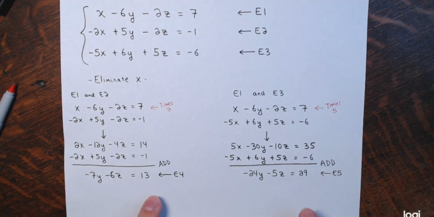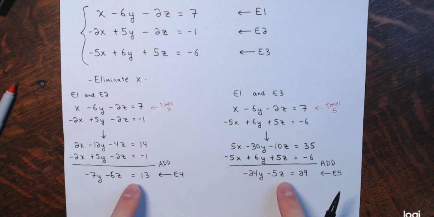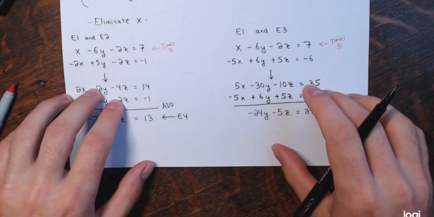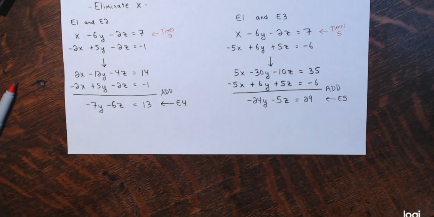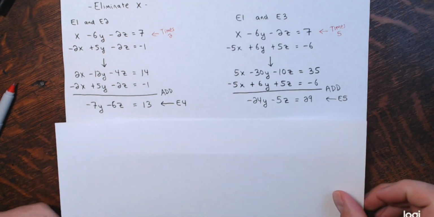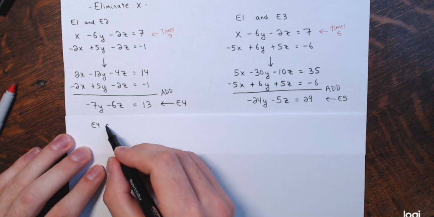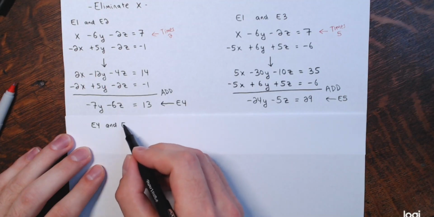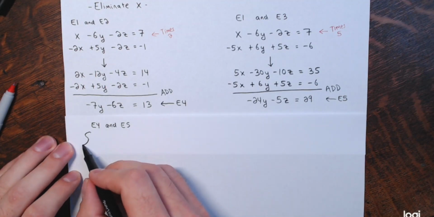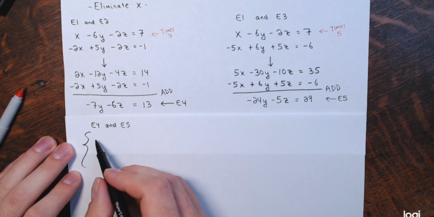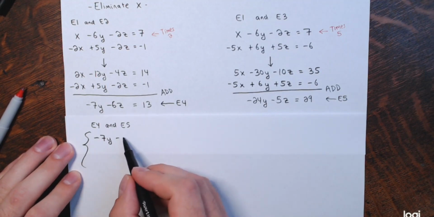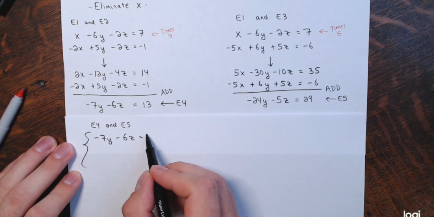So look at equations 4 and 5. These have just y and z. And you should be able to solve a system with just two variables. So looking at now equations 4 and 5, we have this system. Negative 7y minus 6z equals 13.